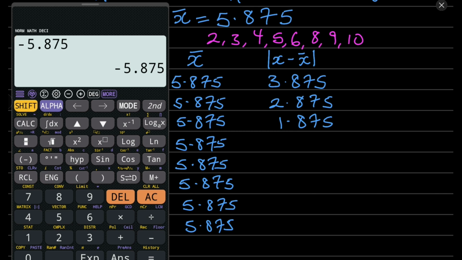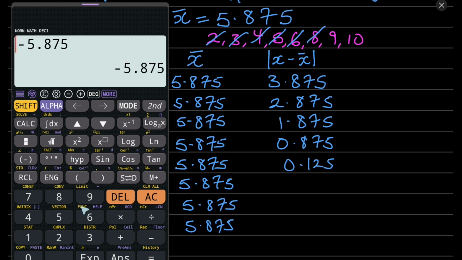So we have for 2, 3, 4. Then the next would be 5. So for 5 we have 0.875. The next is 6. For 6 we have 0.125.